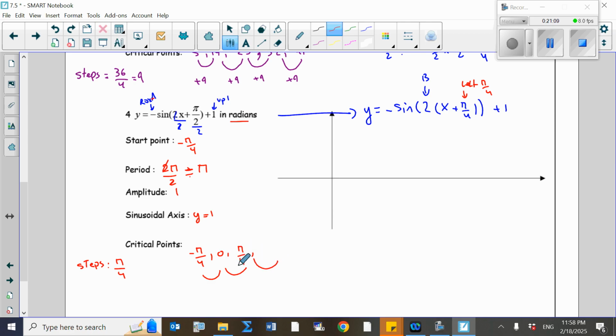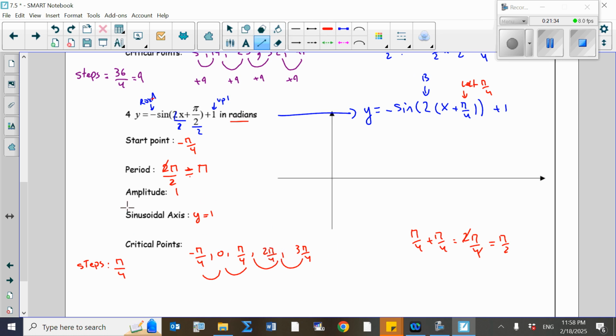Add pi over 4 to this one, so it's pi over 4 plus pi over 4. That's going to be 2 pi over 4. So I write 2 pi over 4. Then add another one, it's going to be 3 pi over 4. You can simplify 2 pi over 4 as pi over 2, but I'm going to keep it the same way. Now I can graph my function.